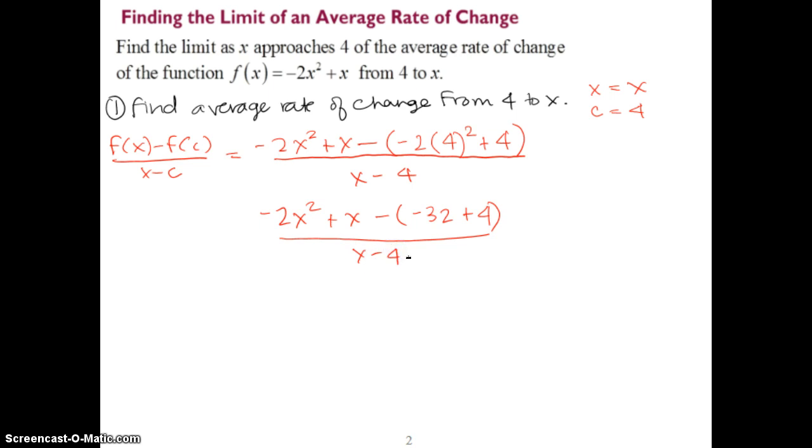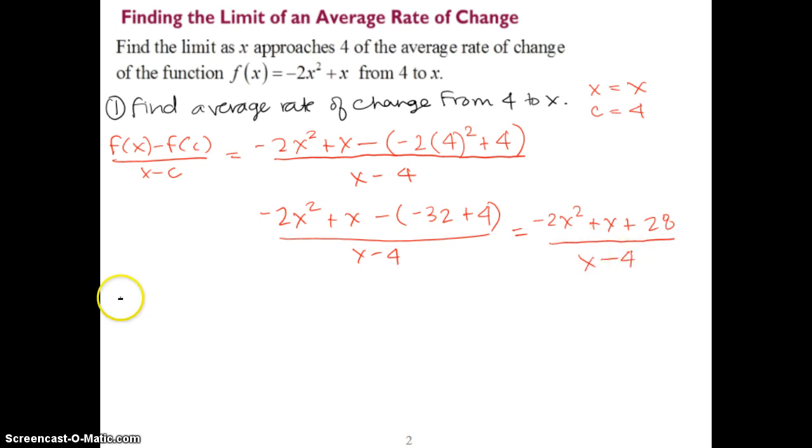So now if we distribute our negative and simplify, we get negative 2x squared plus x plus 32 minus 4 gives us plus 28, over x minus 4.